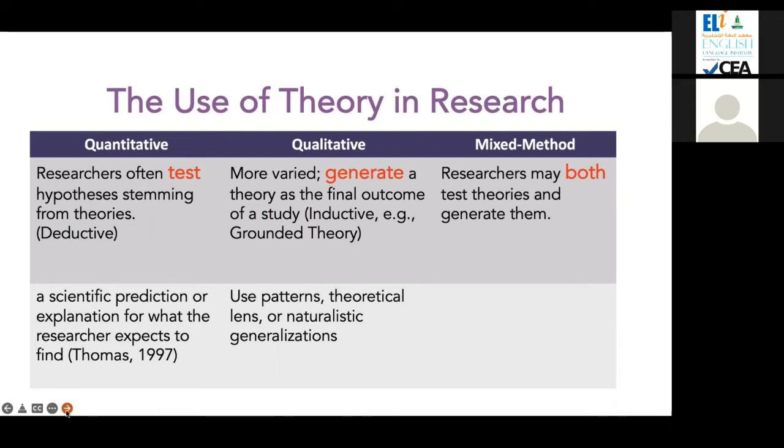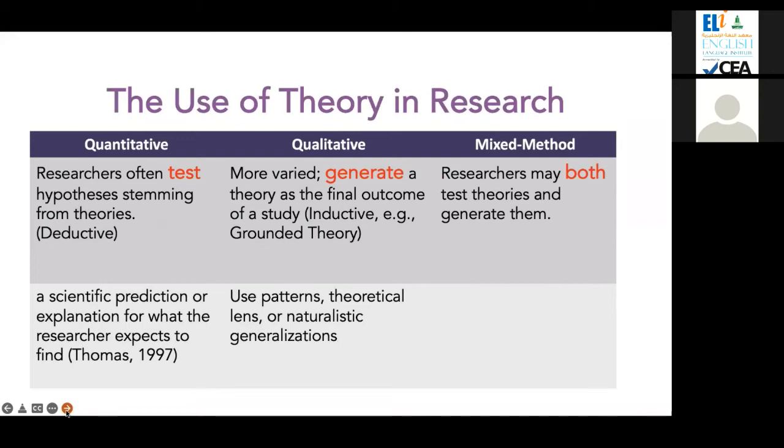Now, on the other hand, in qualitative research, where there is a more holistic view of the behavior and attitudes in that context, that type of research generates theory. So we start with observations, we start with patterns, and from that, we start to classify them into certain categories until we reach a particular theory.